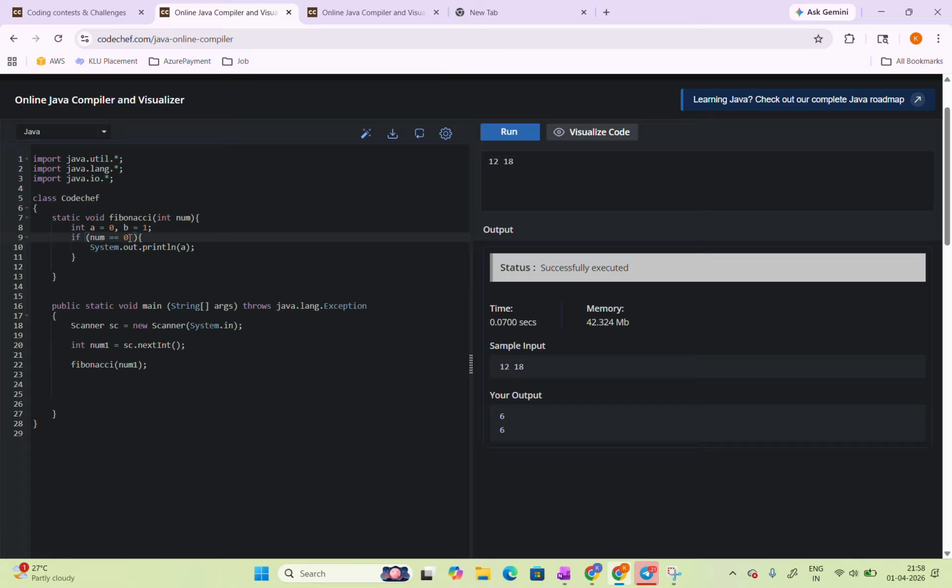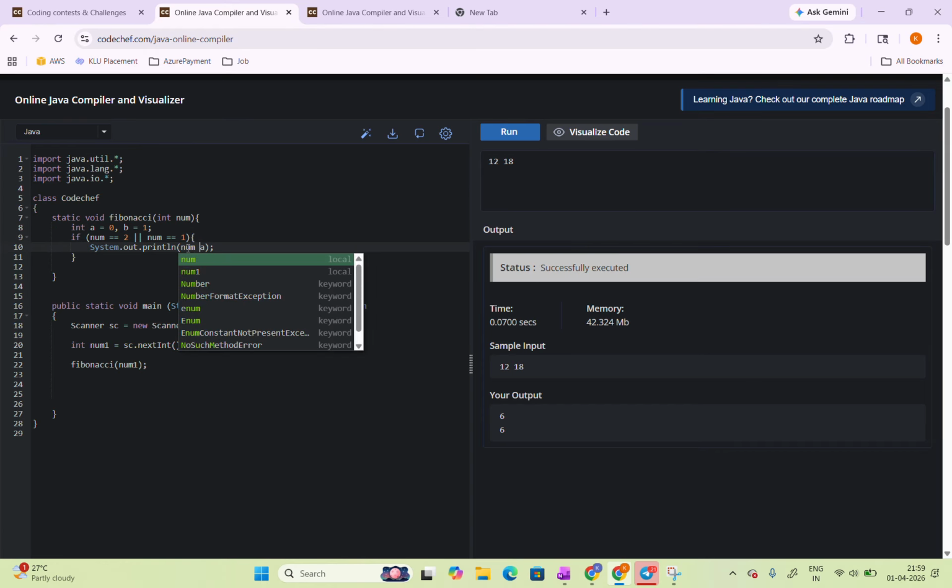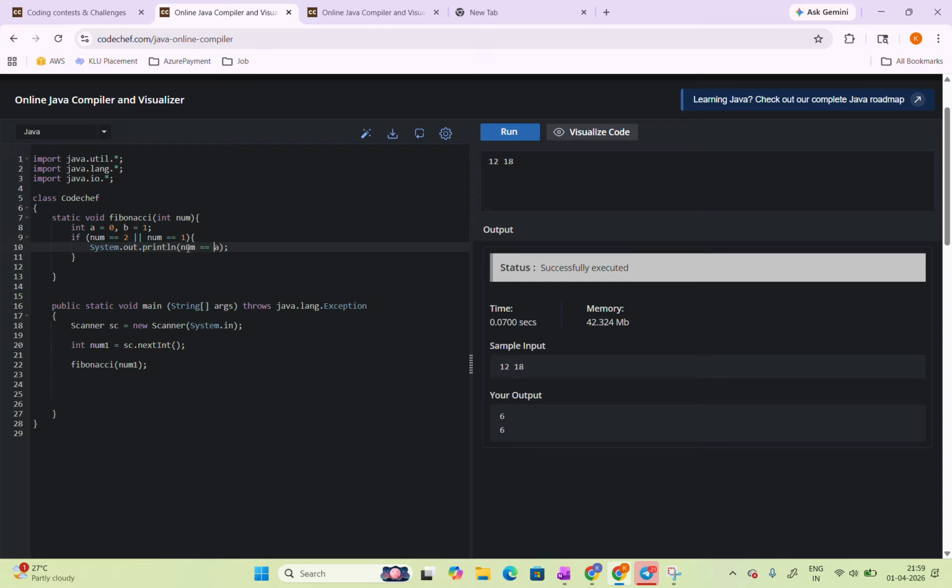Num is equal to 8. If num is equal to 1, I'm going to print a, or else I want to print a comma b.